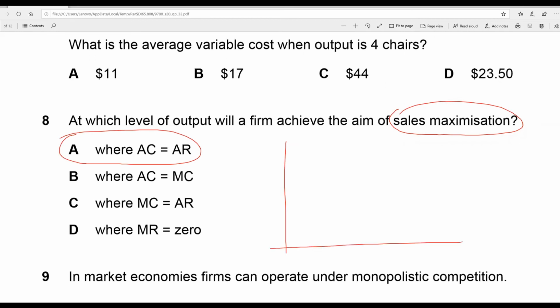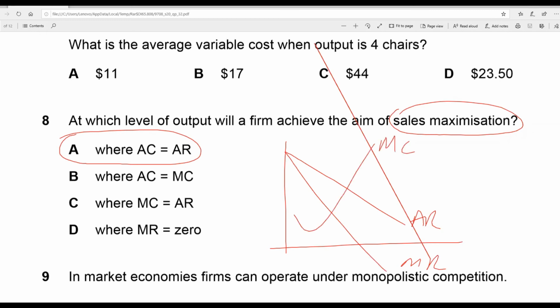And if we make a graph for this scenario, then we can see that these are the average revenue and marginal revenue curves. And this is marginal cost and this is average cost. So sales volume is maximized when average cost is equal to average revenue.